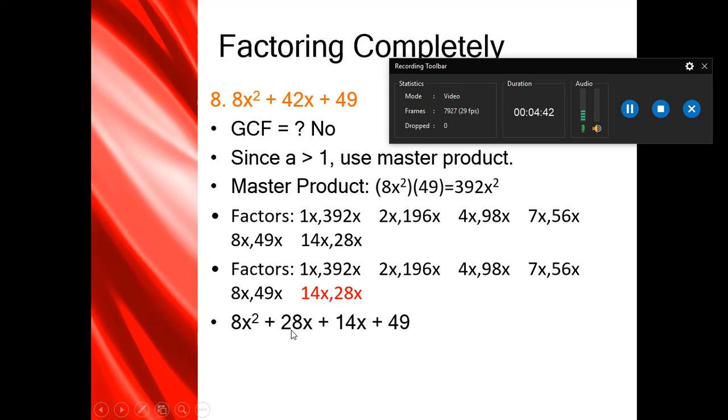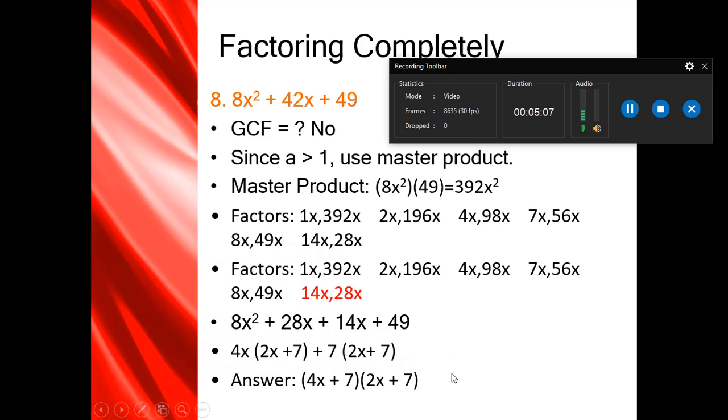Again, you can put 14x first and then 28x, but I'm going to split this. So 8x squared and 28x, they have a 4x in common, and that leaves 2x plus 7. For the back half, they do have a 7 in common. Again, it could have been negative, but I can see as I divide by positive 7, I am getting the same common factor. So when I'm all done, I have 2 binomial factors, and this problem is completely factored.